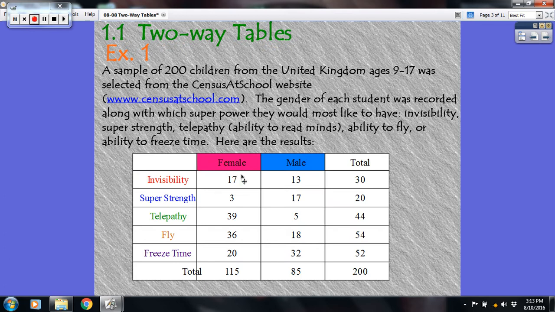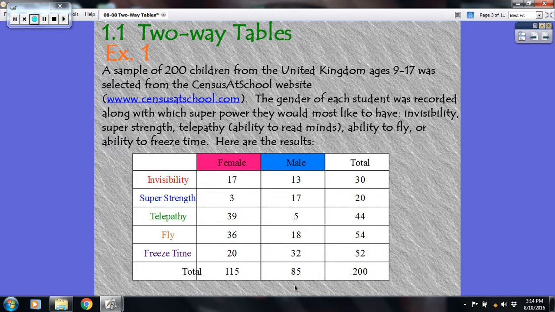So we want to know of the sample that we took, 17 out of 115 females preferred invisibility. 3 out of 115 females preferred super strength. 39 out of 115 preferred telepathy. 36 out of 115 wanted to fly. And 20 out of 115 wanted to freeze time.